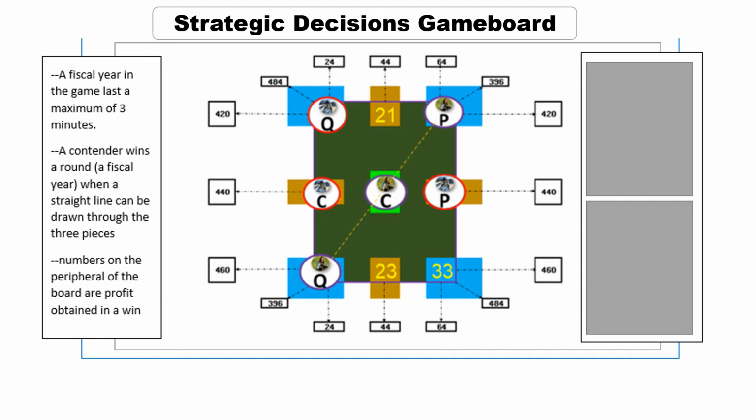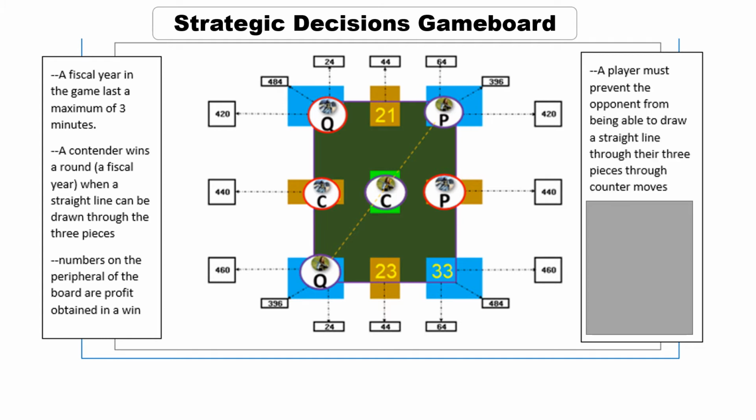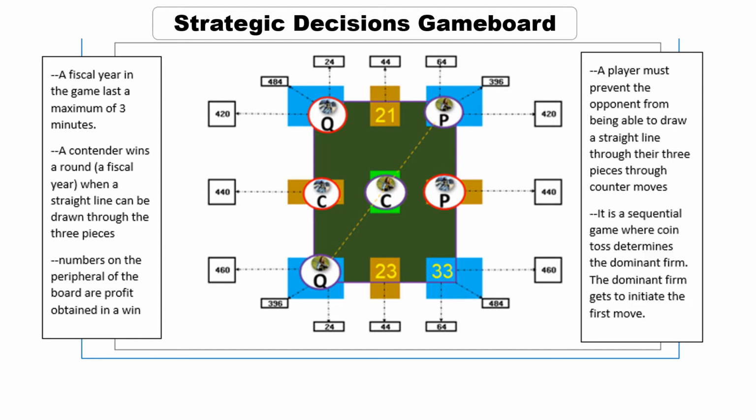Numbers on the periphery of the board are profit obtained in a win. A player must prevent the opponent from being able to draw a straight line through their 3 pieces through counter moves. It is a sequential game where a coin toss determines the dominant firm. The dominant firm gets to initiate the first move.